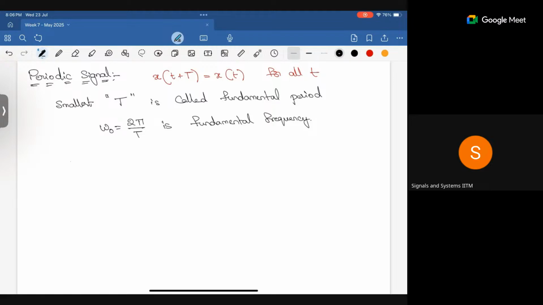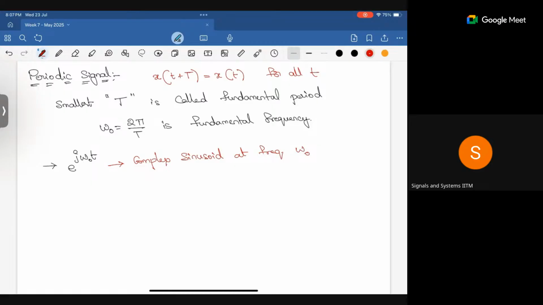But let's understand these phasors once more. We know e power j omega naught t is a complex sinusoid at frequency omega naught.